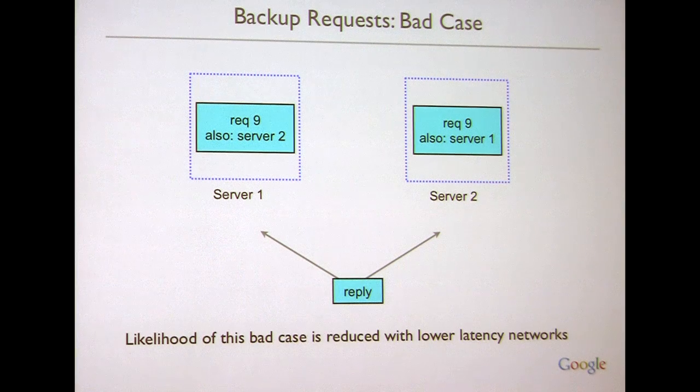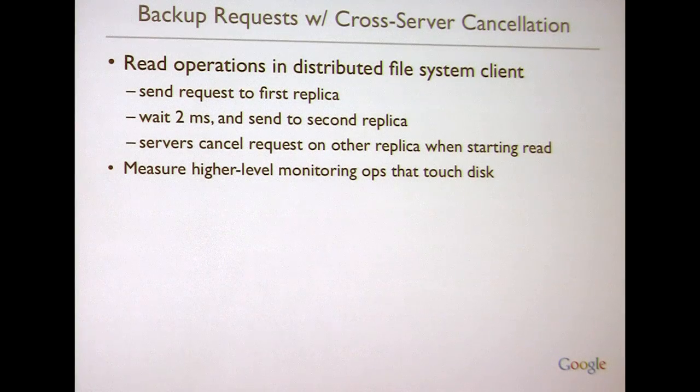Okay, and then you get to reply. So, as I said, the likelihood of this bad case is reduced if your network is lower latency. And that's kind of good news because networks are generally trending downward in latency. Okay, so let's see how well this works. So we modified our system. Actually, this is a monitoring request through a big table cell.